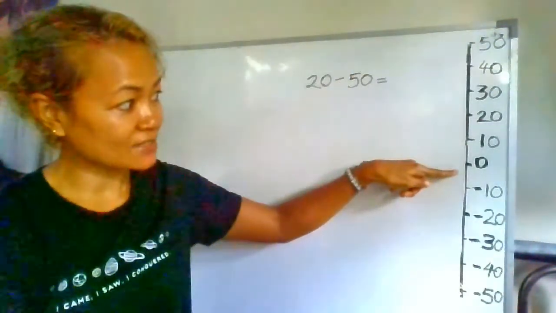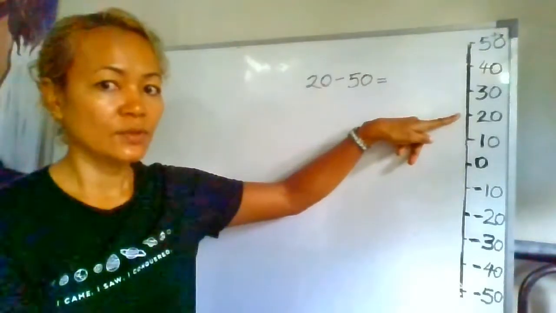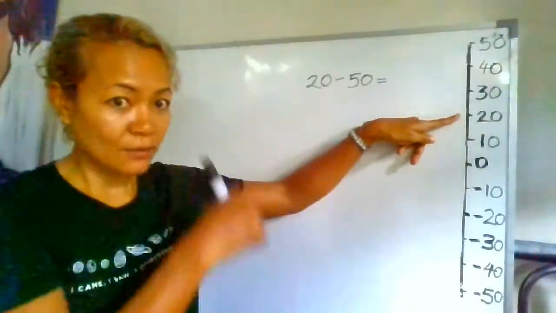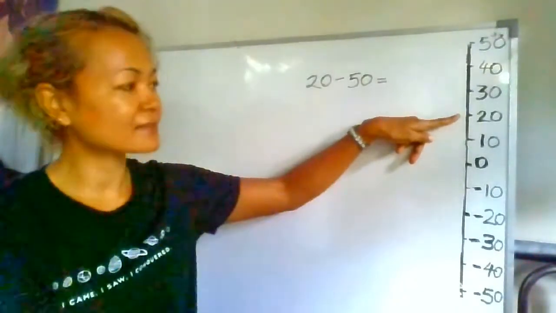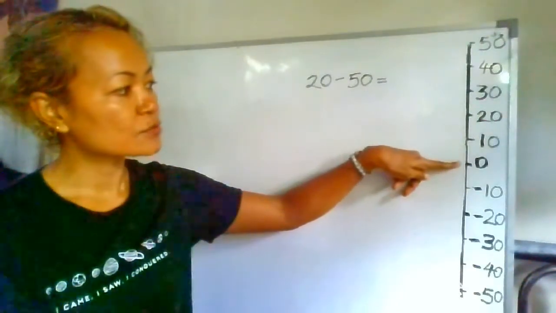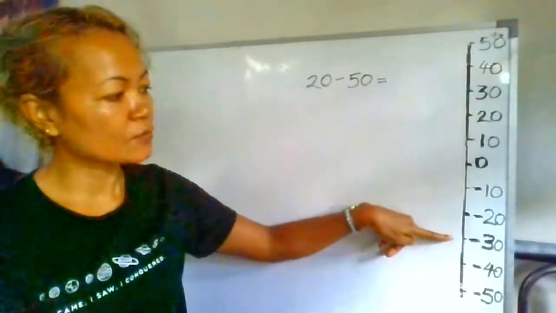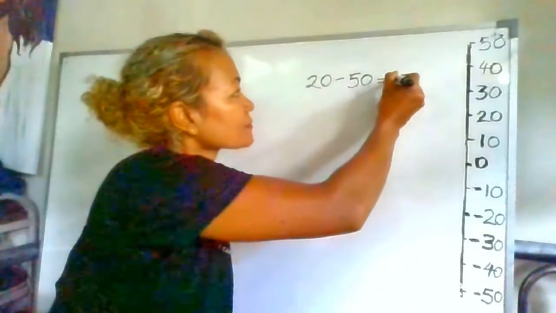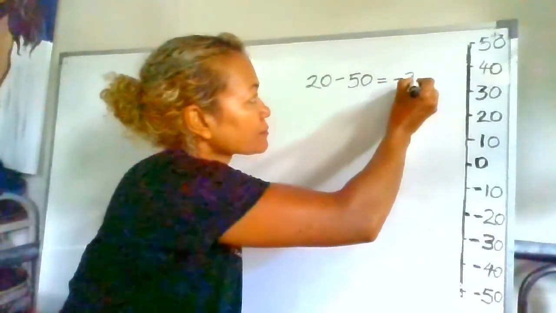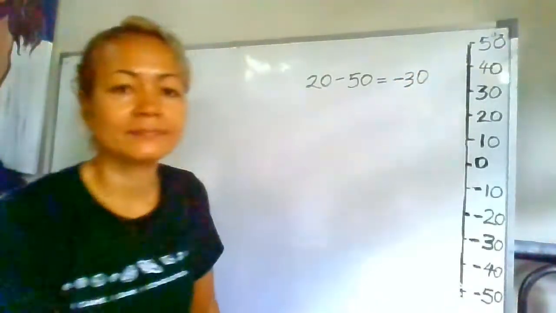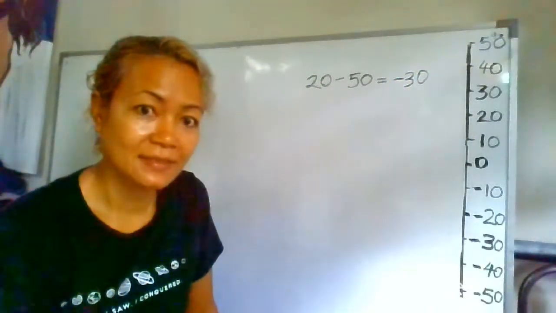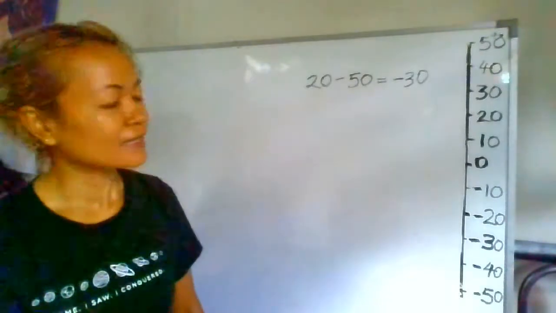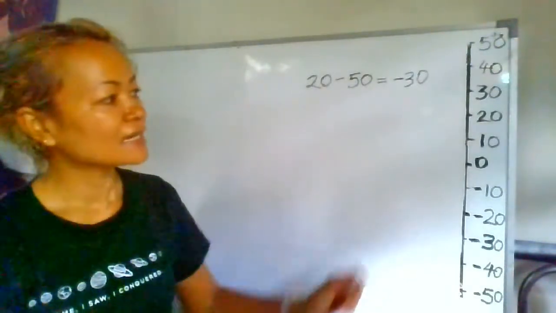And this is in tens, right? Like we said before. So down 50. So down five marks. 1, 2, 3, 4, 5. Where do you end up? Minus 30. Right? Okay, let's do another example.